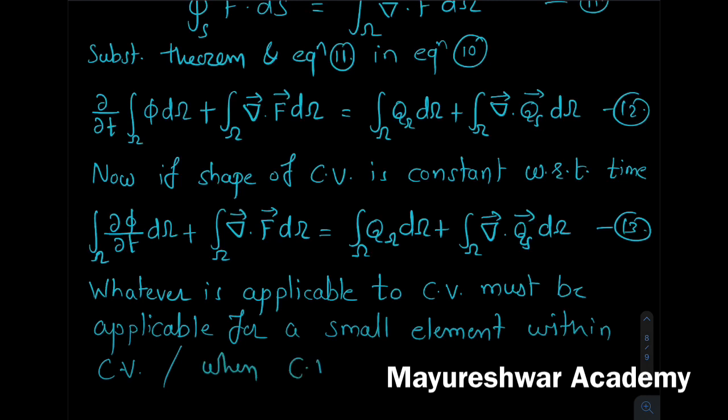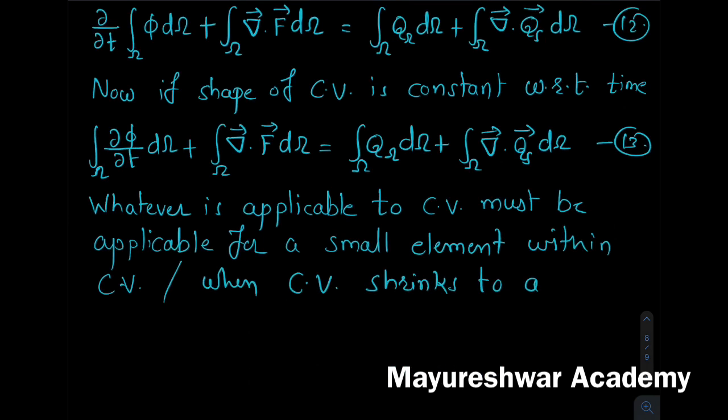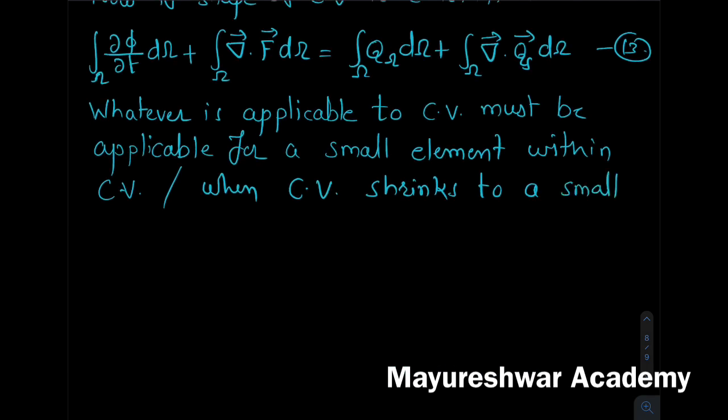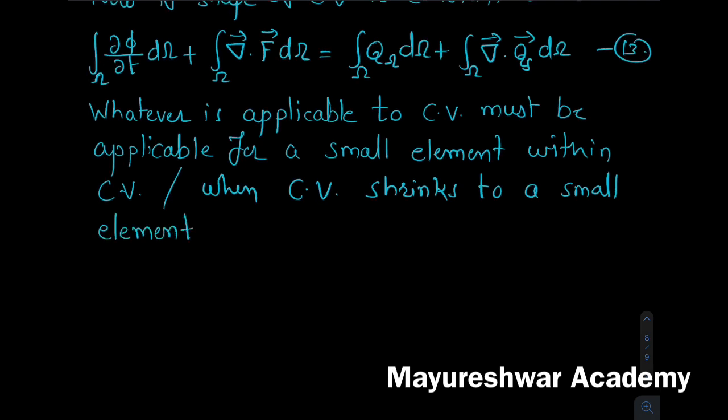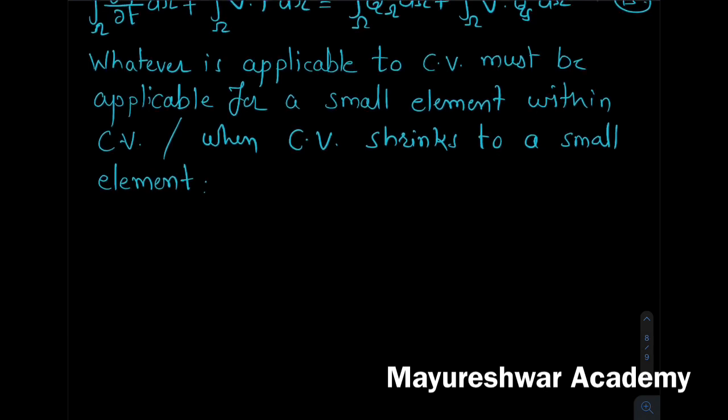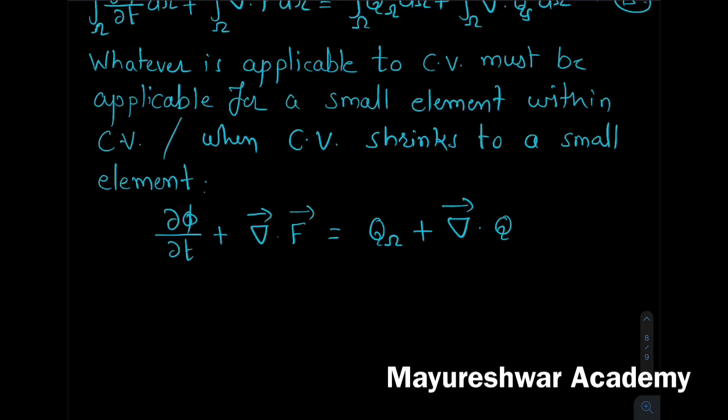Otherwise we can say, when the control volume shrinks to a small element, it gets reduced in all the dimensions. That is, all dimensions dx, dy, dz tend towards 0, so it gives partial phi over partial t plus del bar dot f bar is equal to q omega plus del bar dot qs bar.